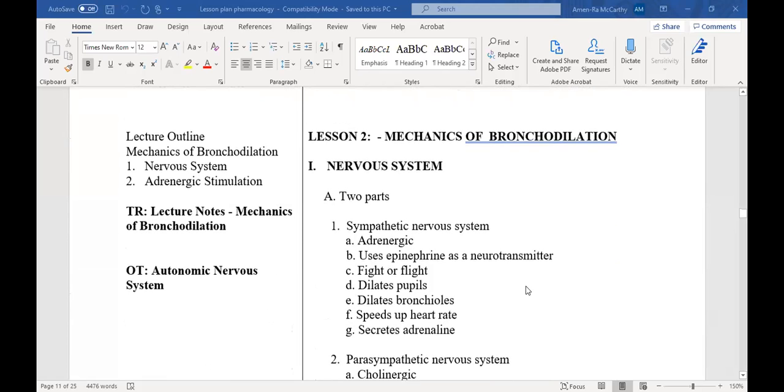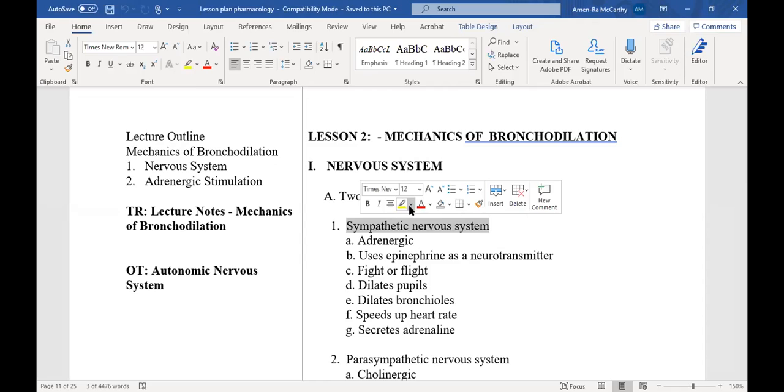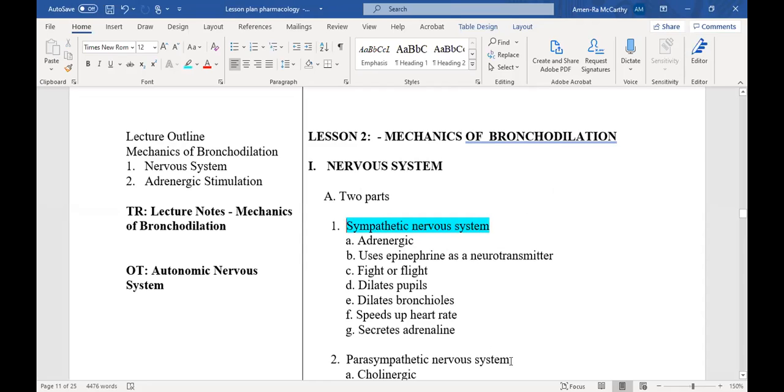Now, our nervous system has 2 parts. The autonomic nervous system has 2 parts. You have the sympathetic nervous system and you have the parasympathetic nervous system, okay?